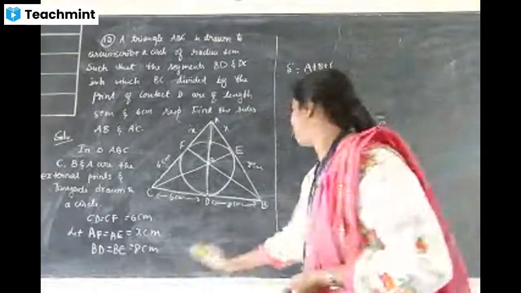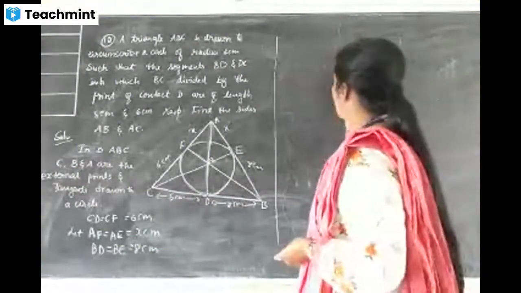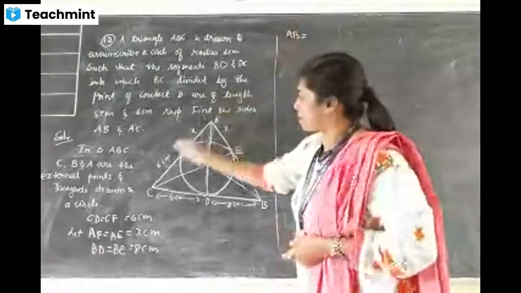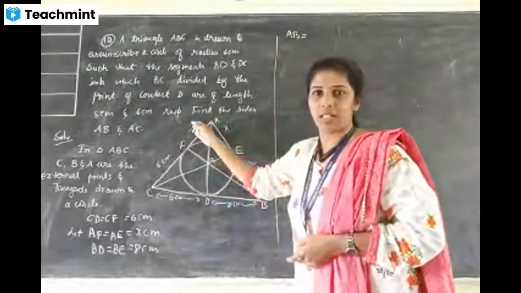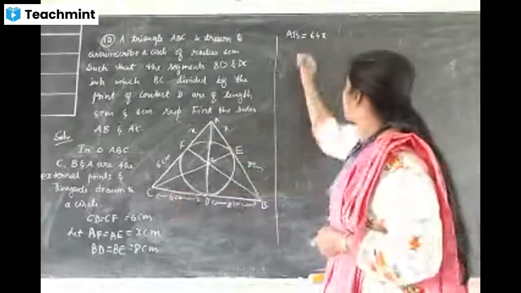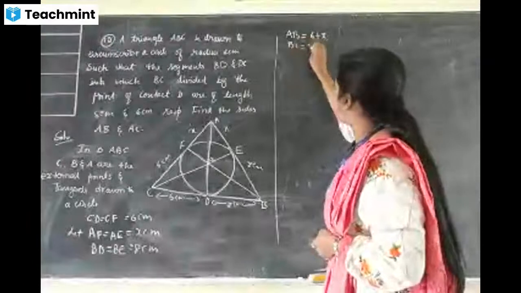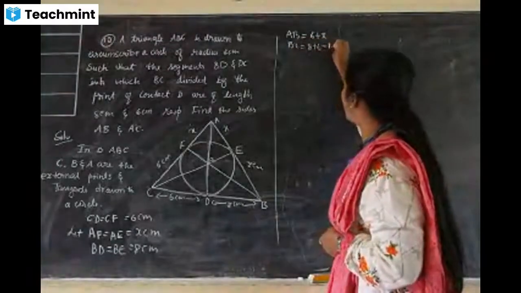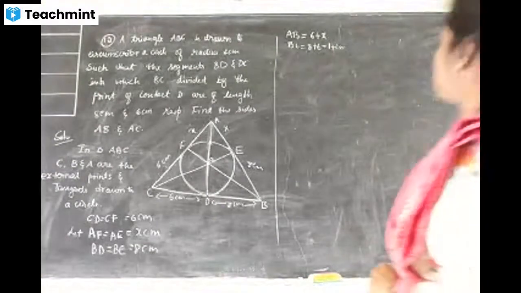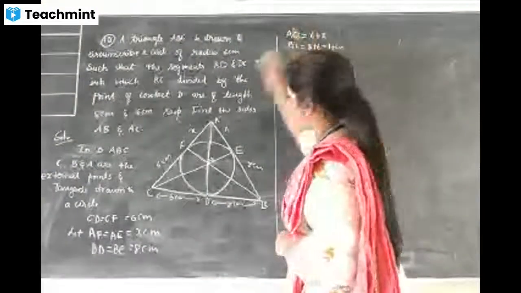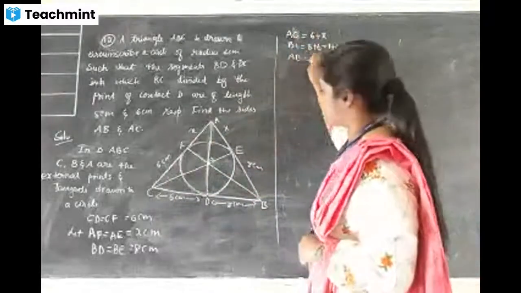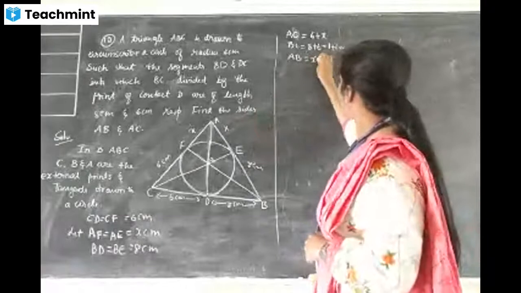Now I will apply this one. This I will write later. First we will find the sides. AB is nothing but 6 plus x. Correct? Then what about BC? BC is nothing but 8 plus 6, that is 14. AC is nothing but x plus 8.